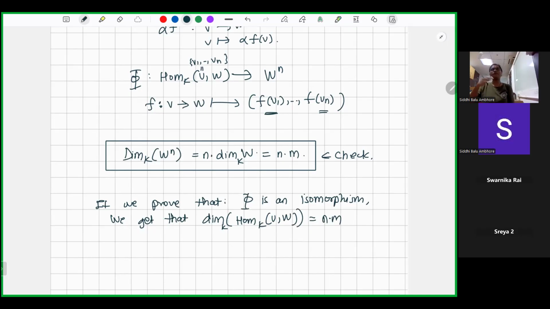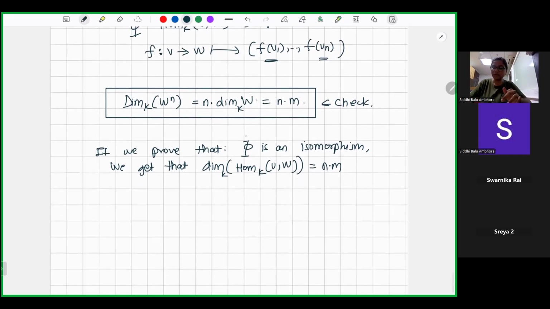Because if I have an isomorphism of finite dimensional vector spaces, the dimensions of domain and codomain are equal. Phi is a linear map. You can check this.